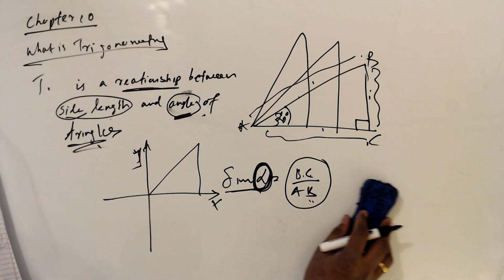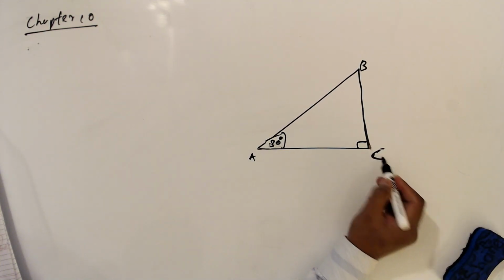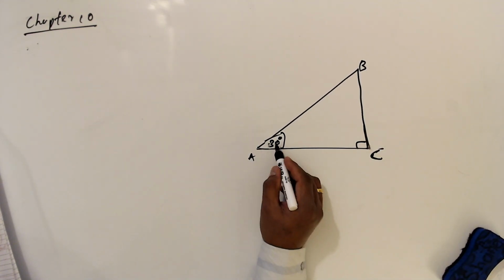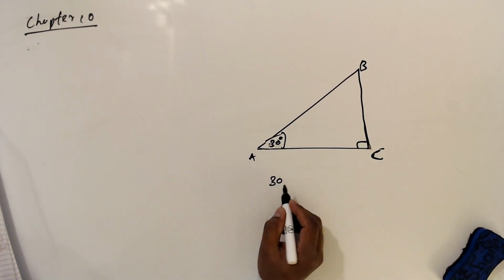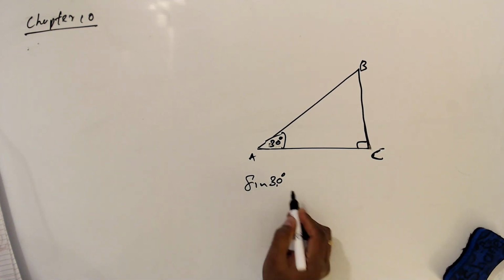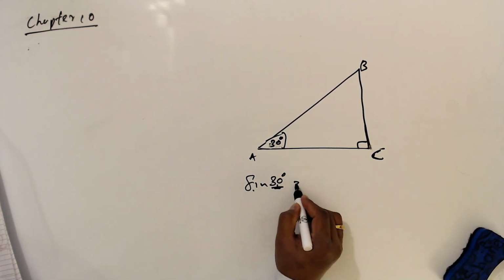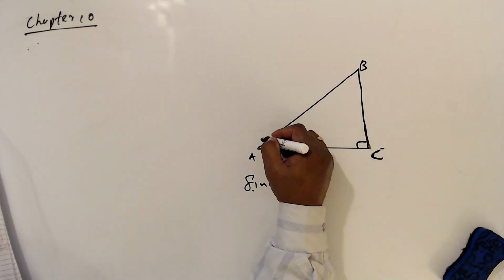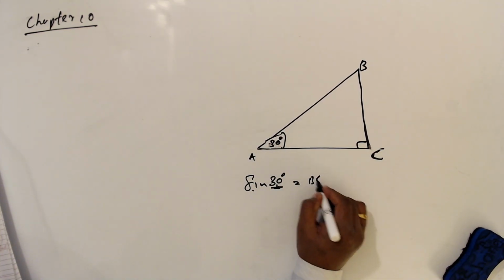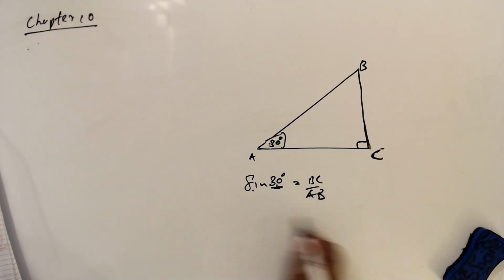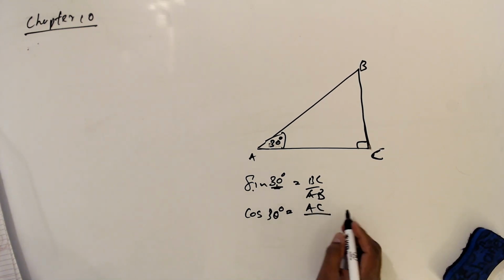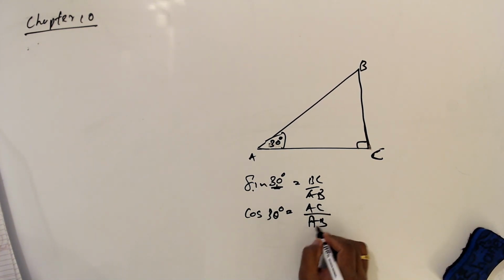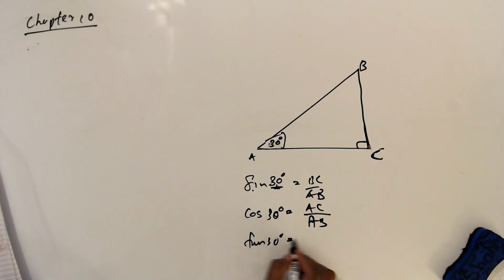For example, this is a right angle triangle, and this angle is 30. Sine 30 means opposite divided by hypotenuse, BC divided by AB, and cos 30 means AC divided by AB, tan 30 means BC divided by AC.